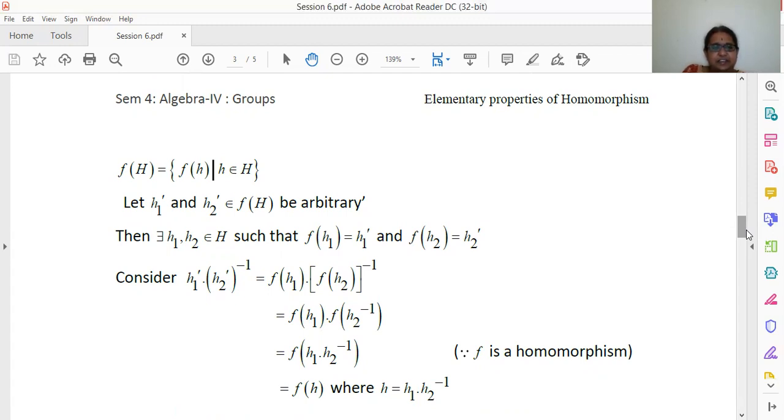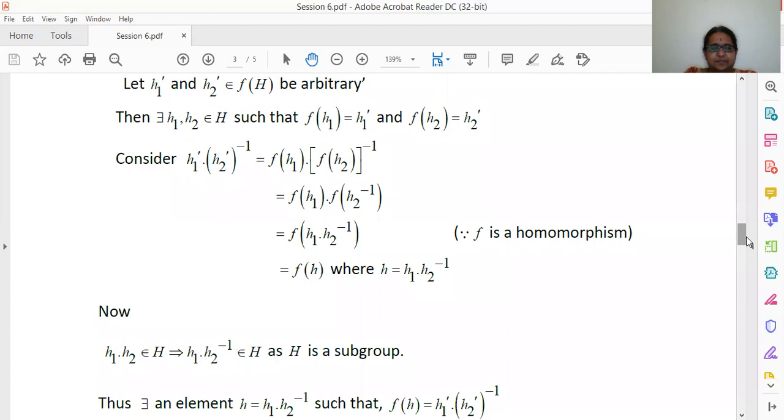So this is f of h1 dot f of h2 inverse. Since f is a homomorphism, this can be written as f of h1 dot h2 inverse. Therefore, we have h1' dot h2' inverse is f of h1 dot h2 inverse, and that is equal to f of h, where we have taken h equal to h1 dot h2 inverse.